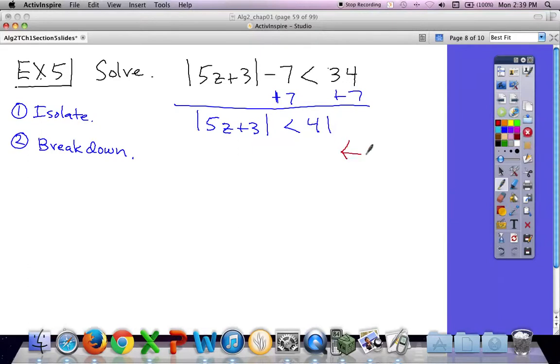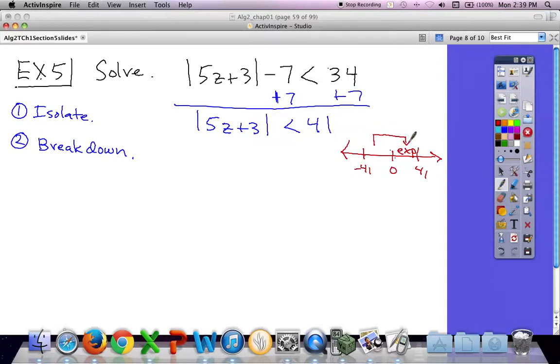Here's the number line. We know that the absolute value of our expression is less than 41. So we know that our expression should be somewhere to the left of 41. That means less than, right? However, if our expression has a value that's in between negative 41 and 0, what happens when I take the absolute value?